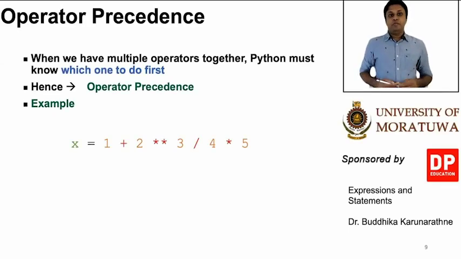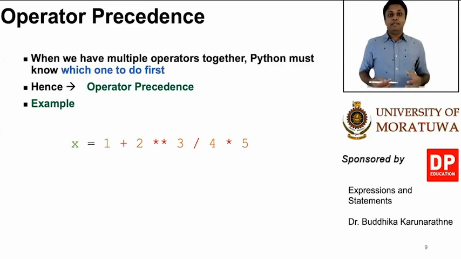Now, what to do when there is more than one operator at the same time? This is a common issue even when it comes to regular mathematical operations. This is why we need to have an order of evaluation. This concept is called operator precedence.